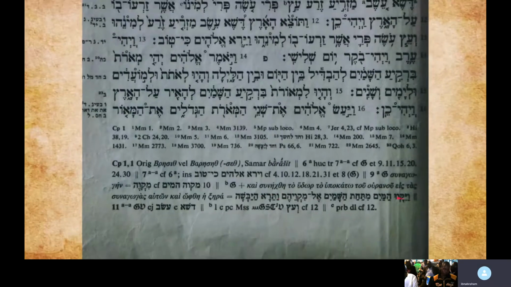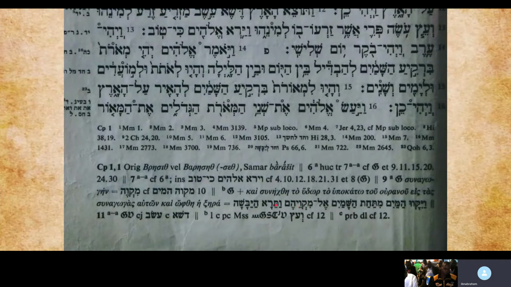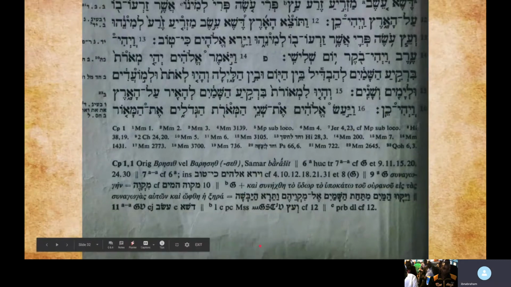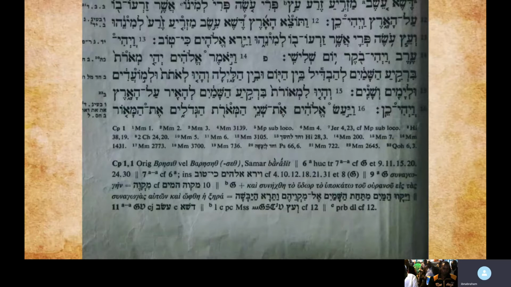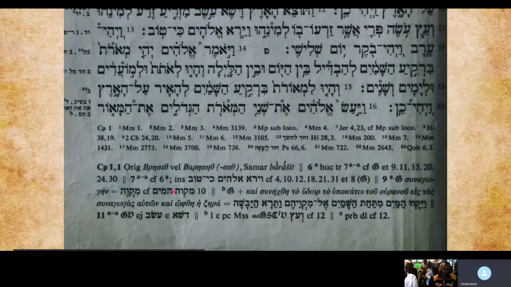That would be translated, let the waters gather from under the heavens unto their own puddles, and let the dry ground appear. So what these notes do is they allow you to see the differences between the other versions, the other witnesses, in this case, the Septuagint, the Greek text. And by doing this, they revert it into Hebrew, so it's easier to compare.